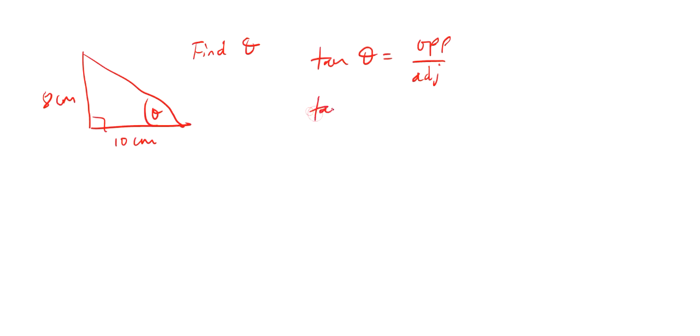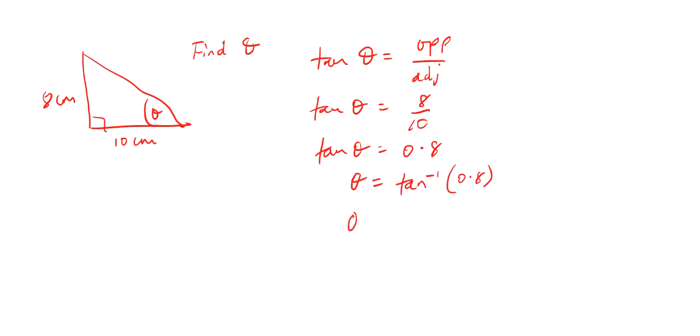So tan theta is equal to 8, the opposite, over adjacent, which is 10. So tan theta is equal to 0.8, and therefore theta is equal to inverse tan of 0.8, and this will give me 38.7 degrees.